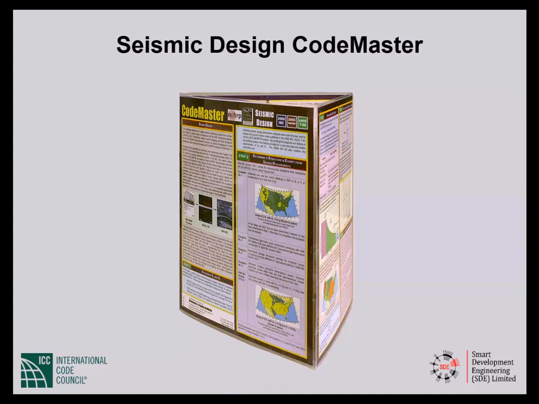These are laminated 4 or 6 page affairs where we give you how to do something like seismic design step by step. In this code master, seismic design, I believe, is in 10 steps. And this one is for ASCE 7-05 and 2006 IBC. This is why I pictured it here.